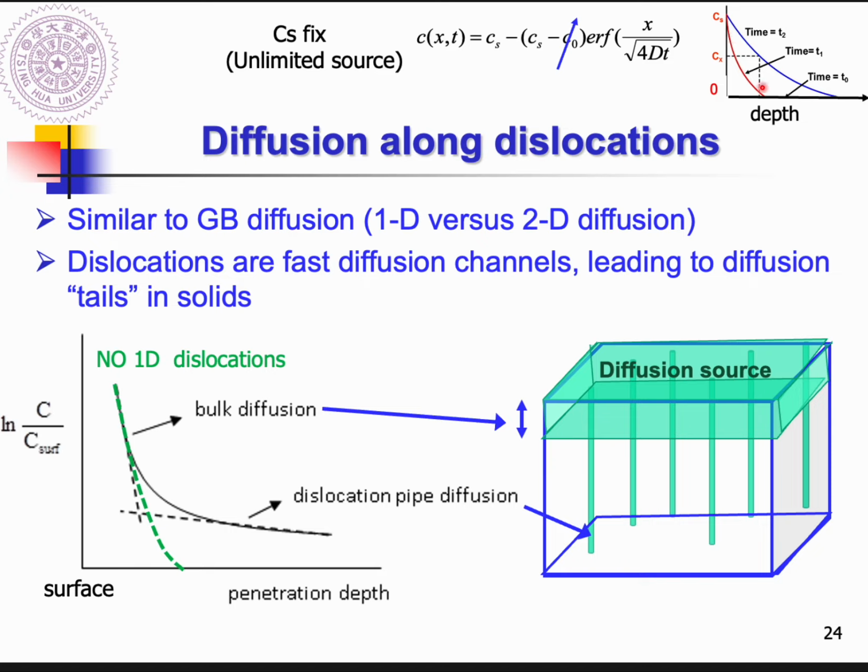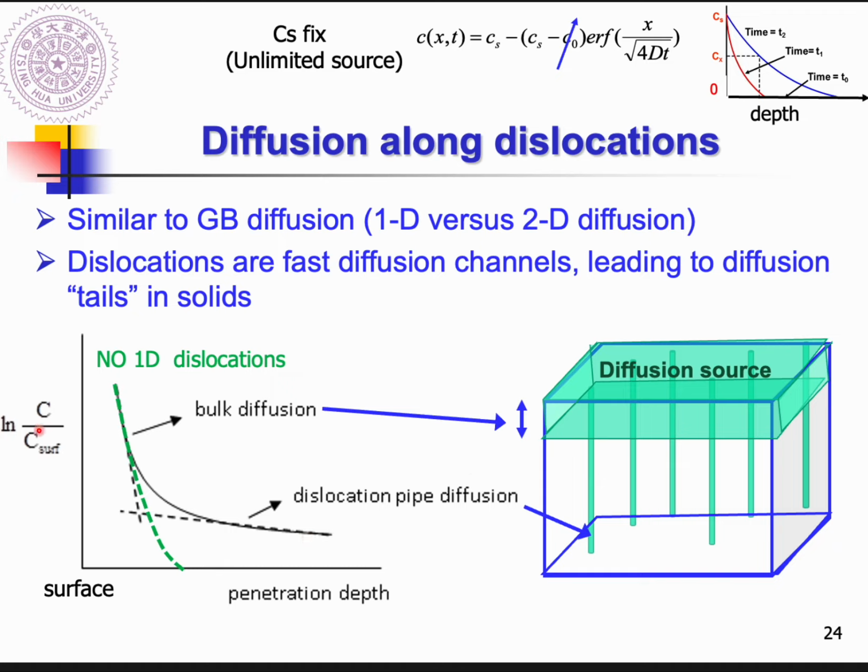So this red curve is similar to this one, but if you have some one-dimensional dislocations perpendicular to our surface, then you can observe that the concentration curve will be shown like this, with this diffusion tail. Okay, so this is how you can know whether there are some one-dimensional dislocations perpendicular to your substrate.